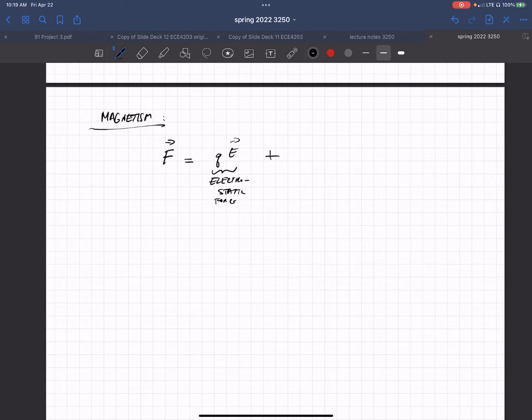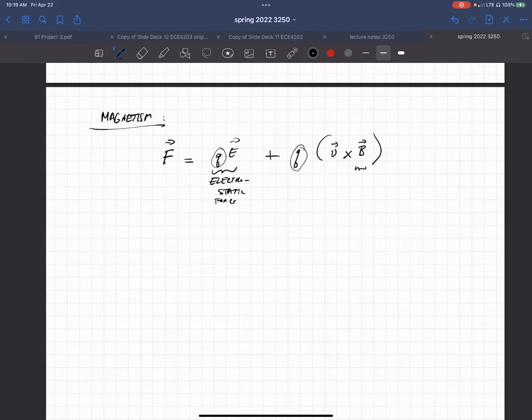That also has a Q component, for whatever the force is acting on, times velocity cross the magnetic field.